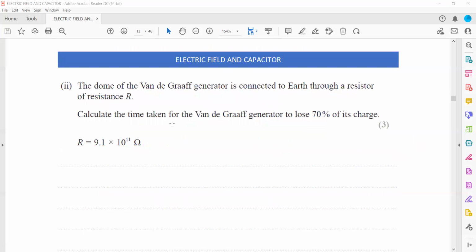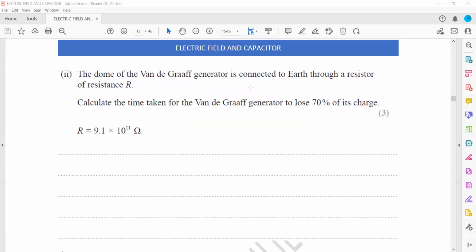In part B2, the dome of the Van de Graaff generator is connected to earth through a resistor R. Calculate the time for the Van de Graaff generator to lose 70% of its charge. The maximum voltage we had in the previous part was 1.1 times 10 to the power 5 volts.